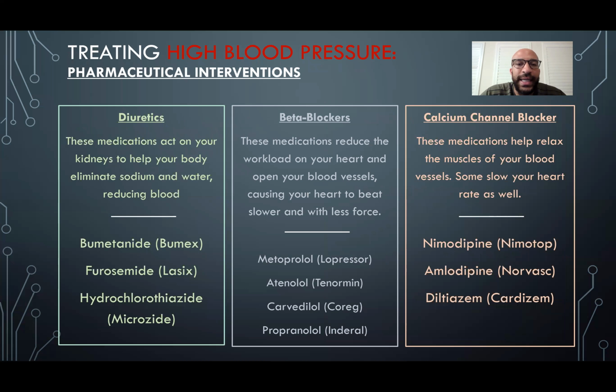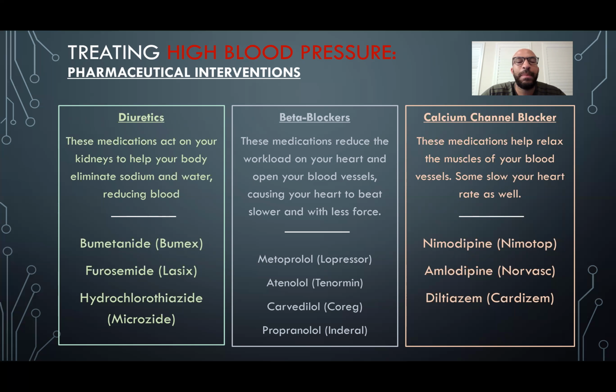Now, getting a patient's blood pressure back to a safer level, how can we do that? Well, we can achieve a reduced or lower blood pressure for our patient through giving them medications, of course.